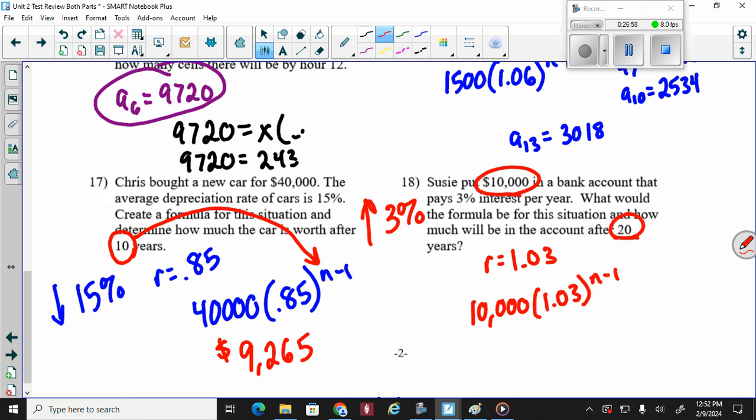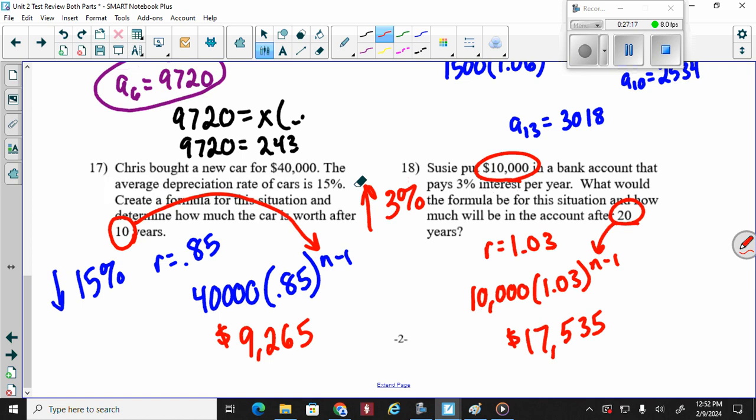I'm going to take 20, plug it in there. So 10,000 times 1.03 raised to the power of 19, because mentally I'm solving 20 minus 1, and I will get $17,535. There we go.